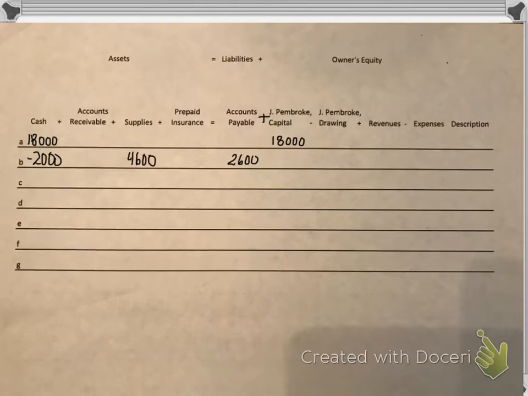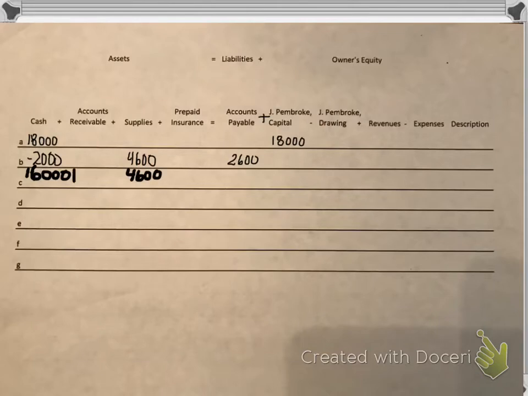So even though there's not really a space, I'm going to look at these totals here. 18,000 minus 2,000. So our total in cash right now would be 16,000. Okay, our supplies total is 4,600. So that's all of our assets.